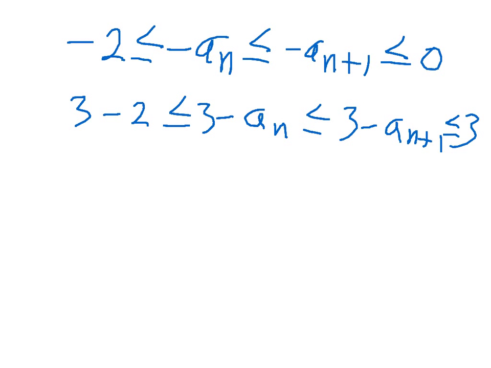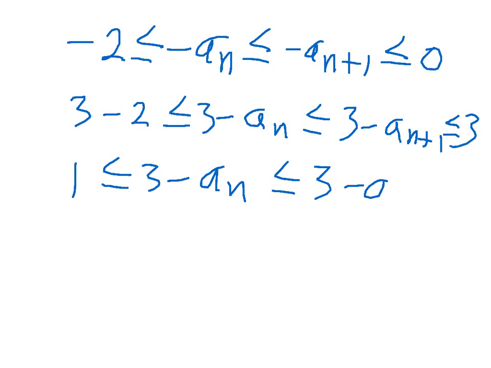This is kind of nice because on the leftmost side we have a 1. And then we have 3 minus 2, that's less than or equal to 3 minus A sub n, which is less than or equal to 3 minus A sub n plus 1, which is less than or equal to 3. Very important to note here that this means that these guys are positive.